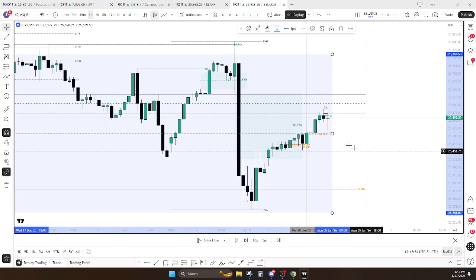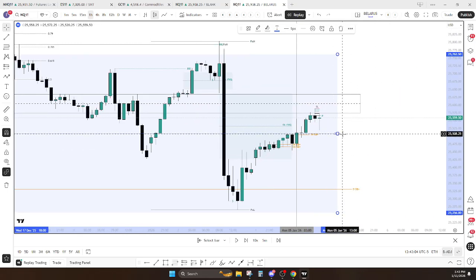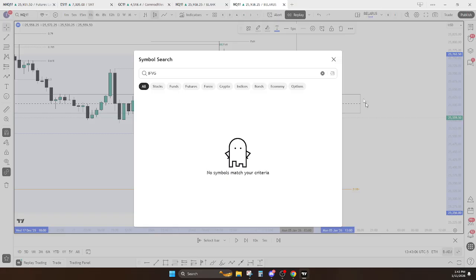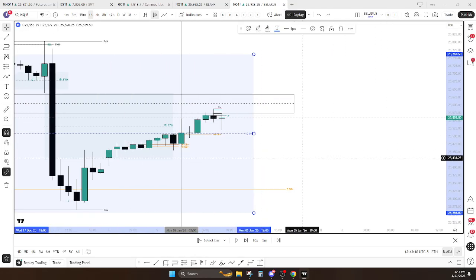Come on, TradingView. I think this is a full-on BPR. I'm just gonna put IFVG. Just make a little note somewhere.